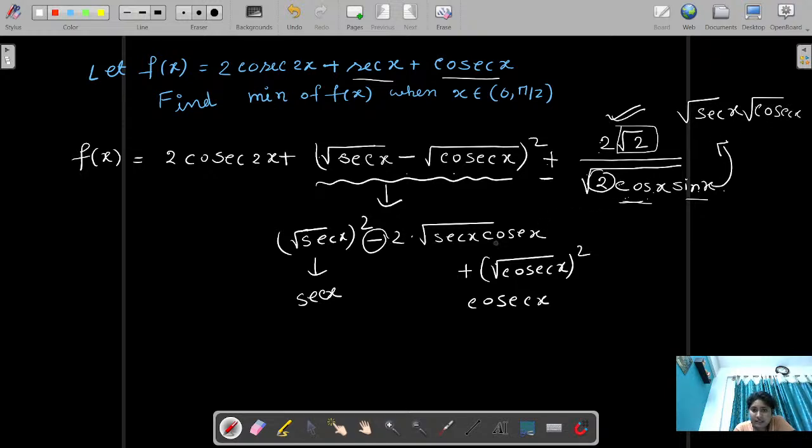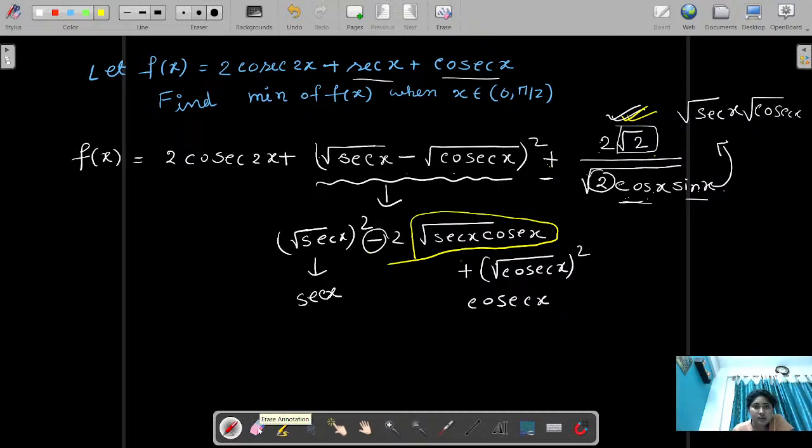So to balance this term, 2 into root under sec x into cosec x, I wrote this term. Because this is minus, this is plus, this 2 will be cancelled. That's why. I hope you understood.